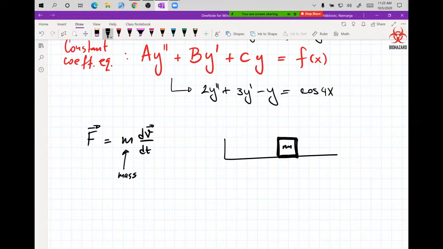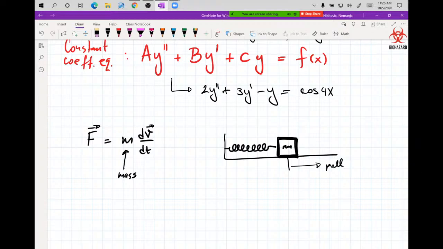It's a block of whatever. And then we're going to attach a spring to it, and pull this object out of equilibrium, and then the object will be going back and forth, back and forth, until it eventually stops because there is friction.